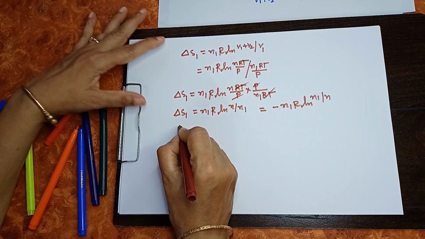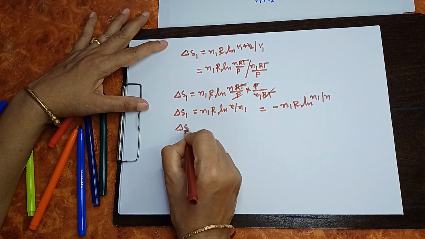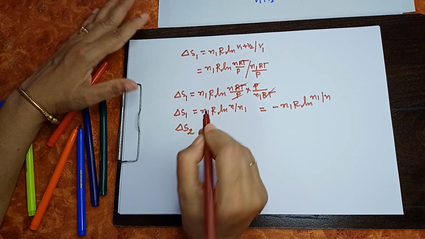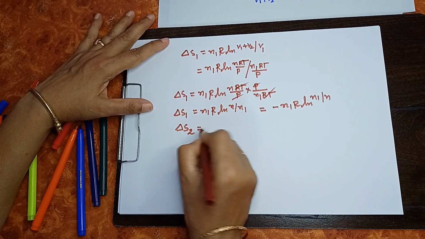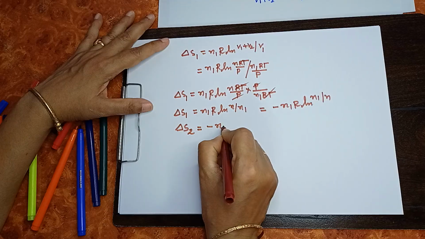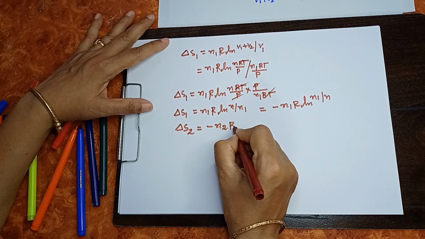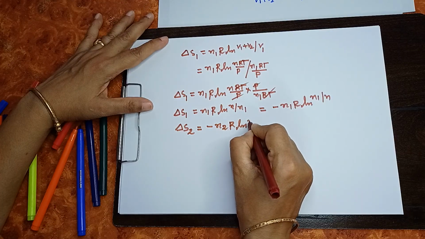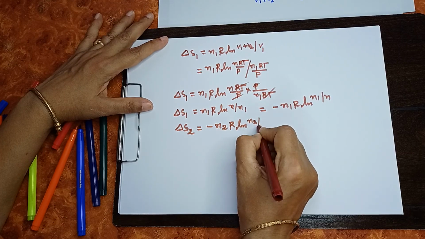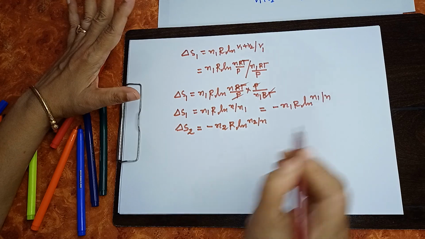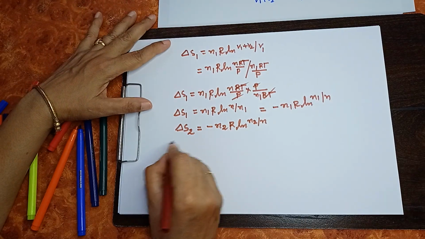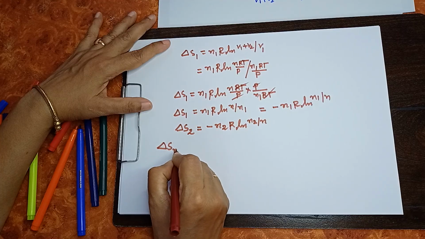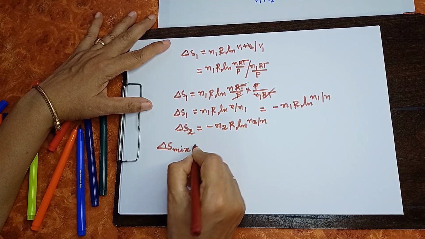In a similar way, I can write delta S2, that is the entropy change of gas 2 due to mixing, that will be equal to minus N2 R ln N2 by N.